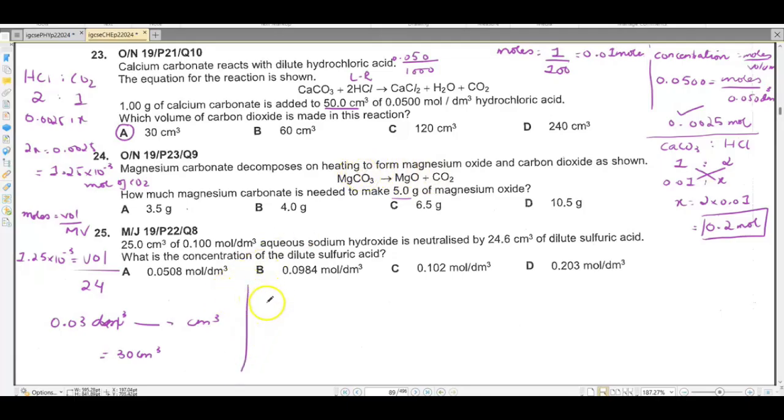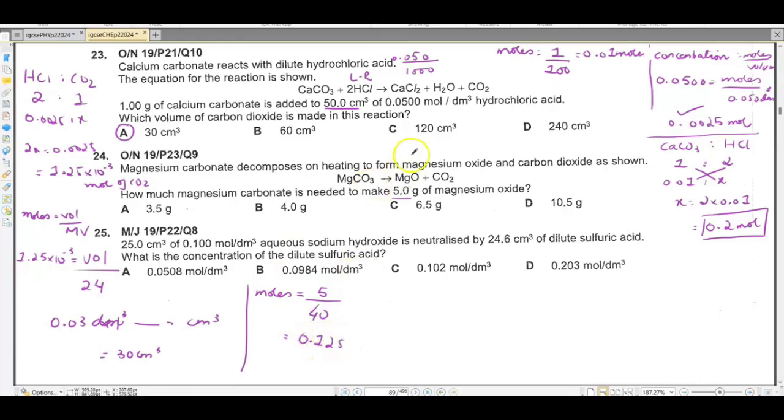So first thing is first, we are going to find the moles of MgO. Its mass is 5 and its Mr is going to be, oxygen is 16 and magnesium, so it's going to make it 40. So moles of MgO are 0.125.